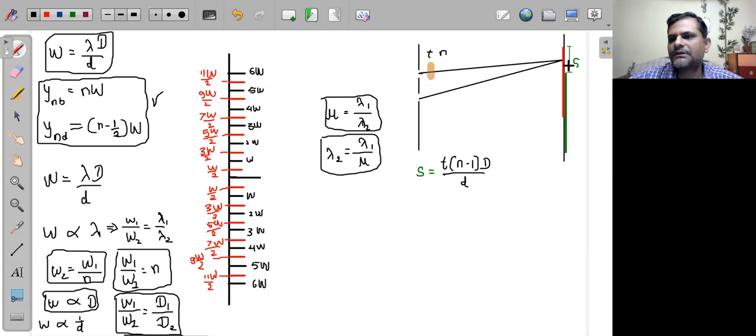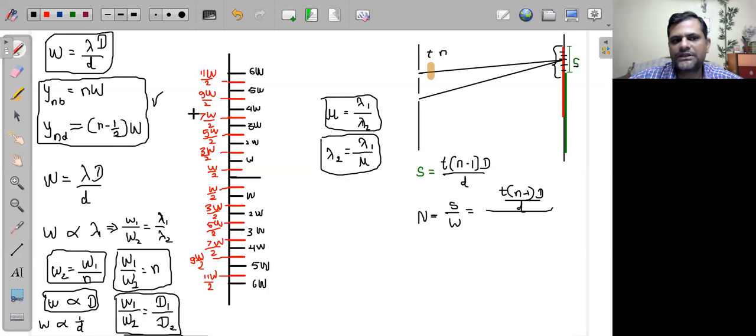But if we try to find out how many bright fringes or bright bands get fitted into this S distance, तो इस S distance के अंदर कितने bands fit हो जाते हैं, which is called the number of bands that get shifted, that can be found out by dividing S by W, where S is T into N minus 1 into capital D upon small d.